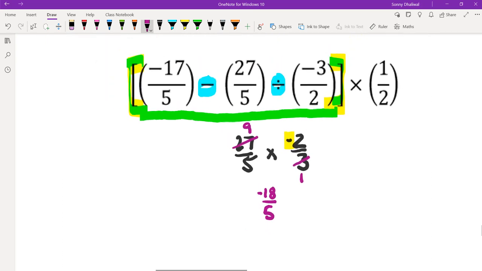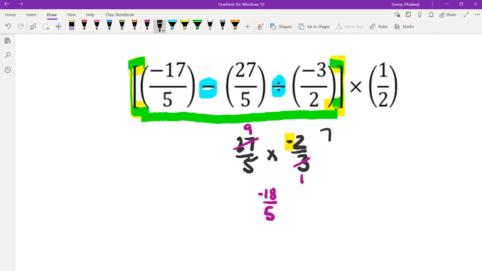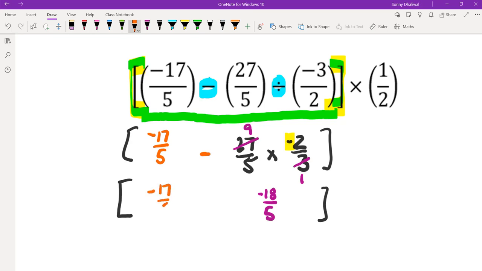Now we're still working inside of this bracket. We just simplified one portion of it. We ignored this part because that wasn't what we were going to be doing first. That's our second thing, so we can write that in. Now we've done the division, and we have our subtraction here.